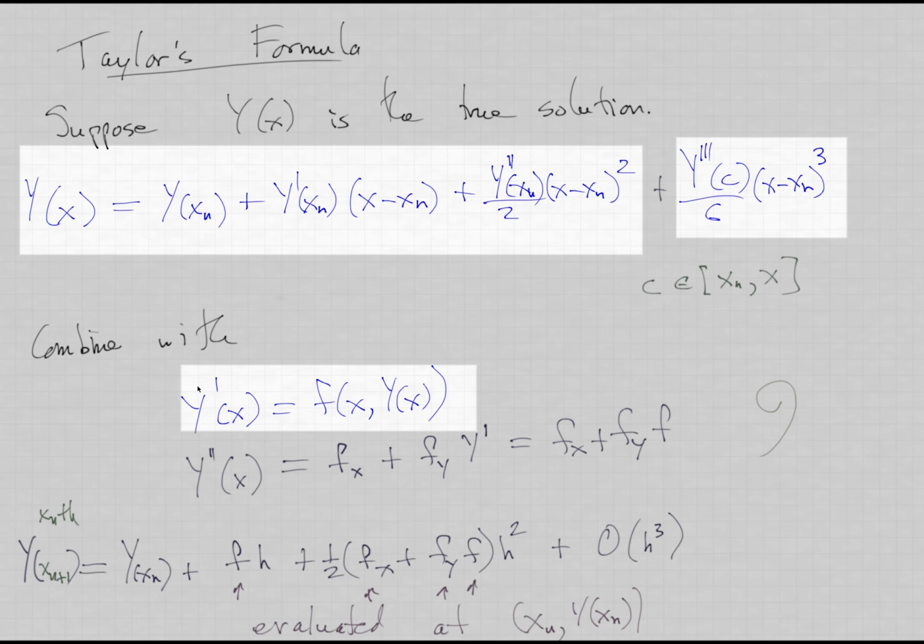Now, from this fact that y prime equals f, we can calculate the second derivative of y in terms of f, right? This is just a simple exercise in doing partial derivatives and computing the complete derivative of something.